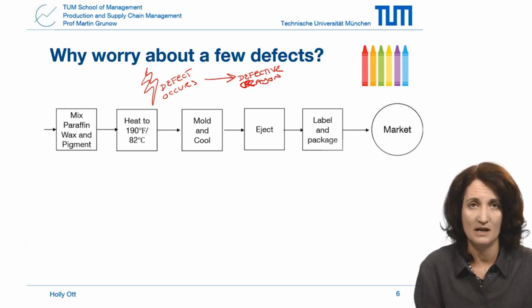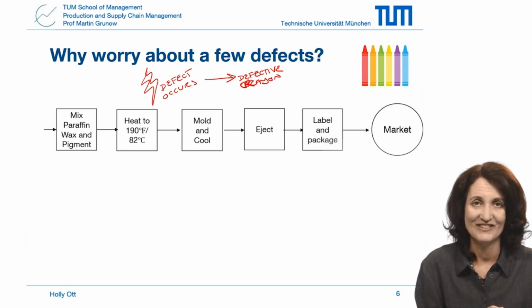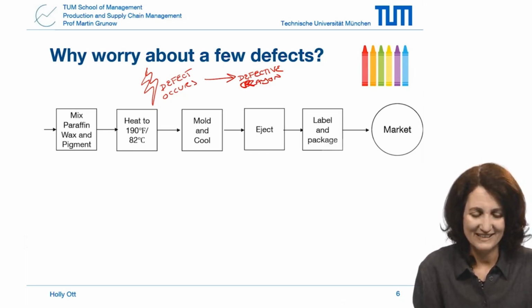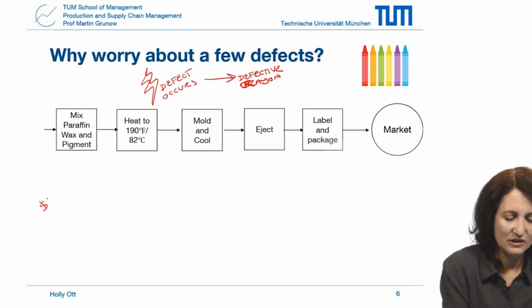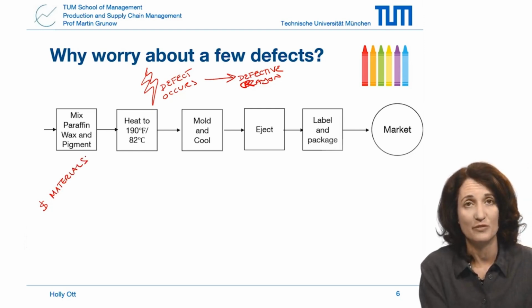Where are our costs here? Now, before the defect occurs, and we just did this in the face-to-face class with the students, and they said correctly, before the defect occurs, you have costs due to the materials. Now, we said that's not so much in this example.